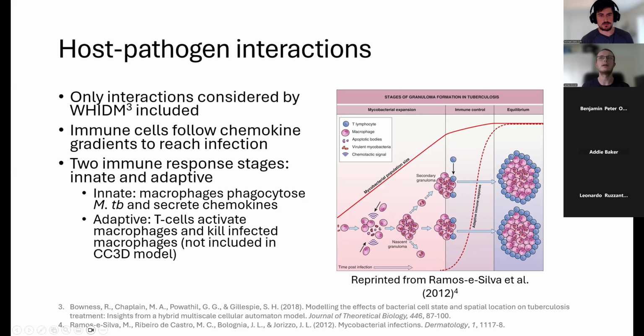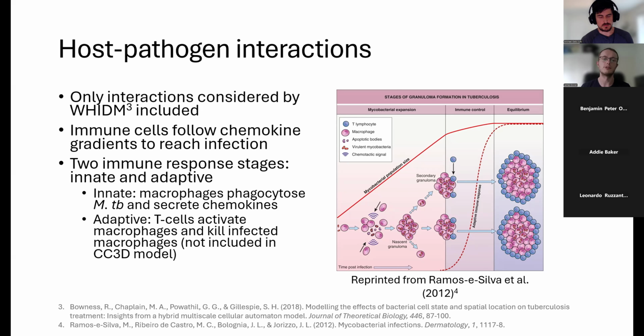Later on, after typically about 9 to 11 days after the initial infection, the adaptive immune response will kick in. At this point, T cells will arrive at the site of infection. And within the original model, at least, their two main functions were to activate the macrophages. Activated macrophages are able to phagocytose a lot more bacteria without becoming infected by them, and therefore actually able to kill the bacteria off.